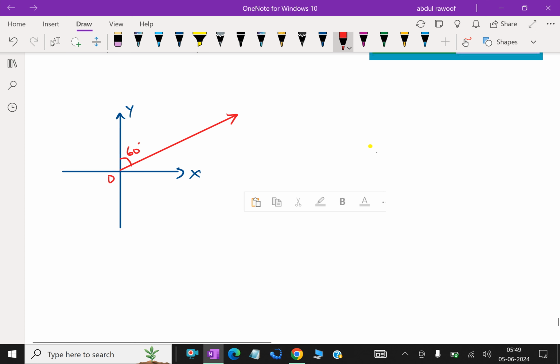Suppose it has units of 1, 2, 3, 4. Suppose the speed is 40 kilometers per hour, but it moves in a particular direction, that is 60 degrees from the northern direction. Therefore, it is a vector quantity.